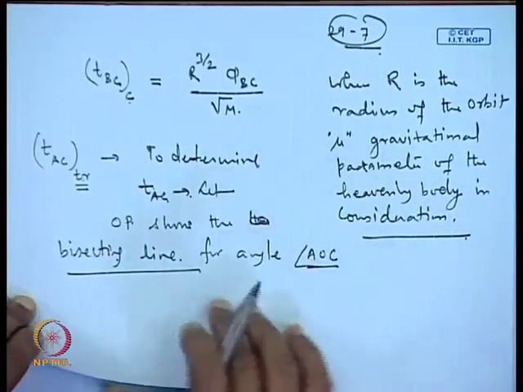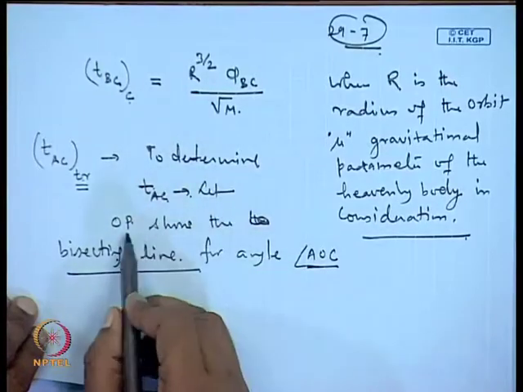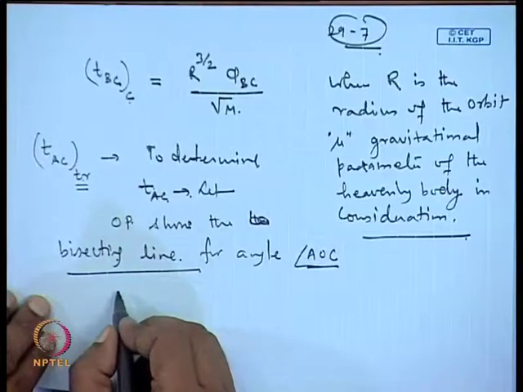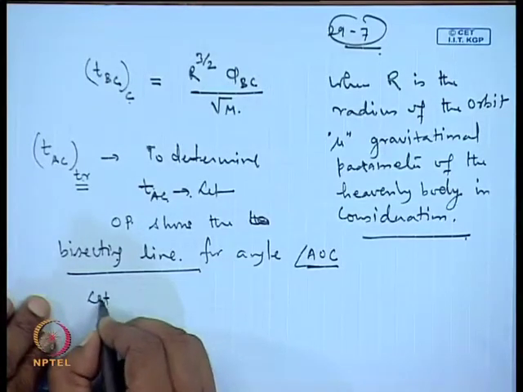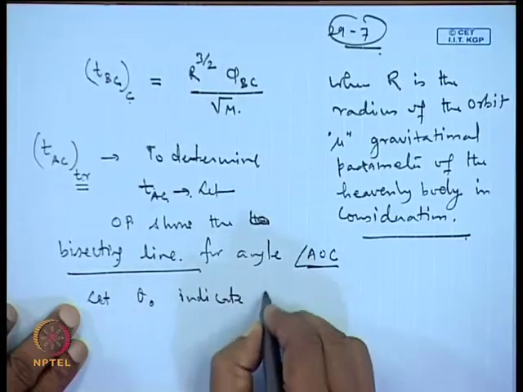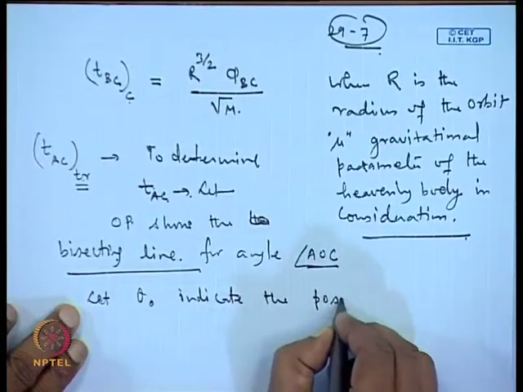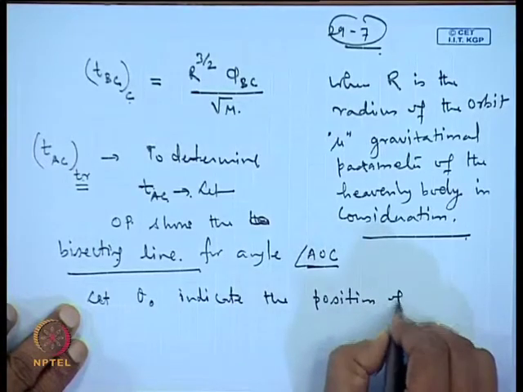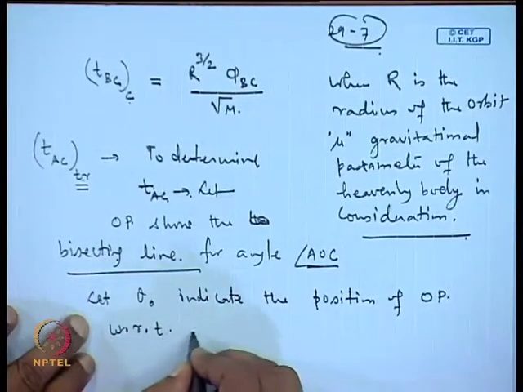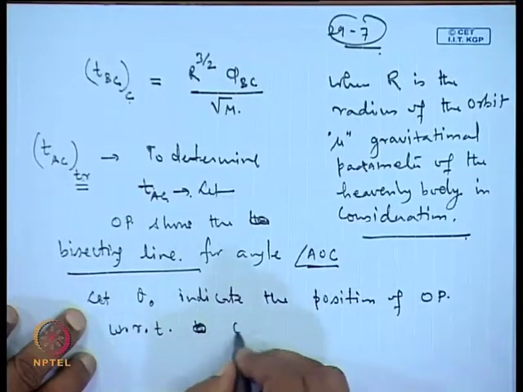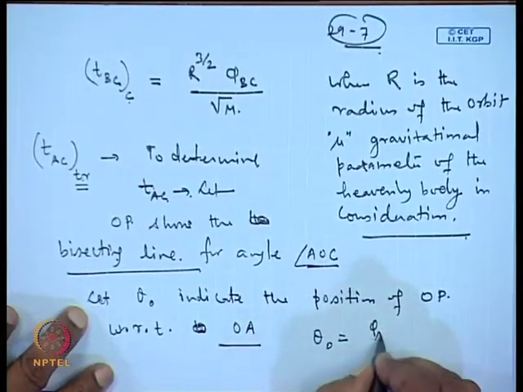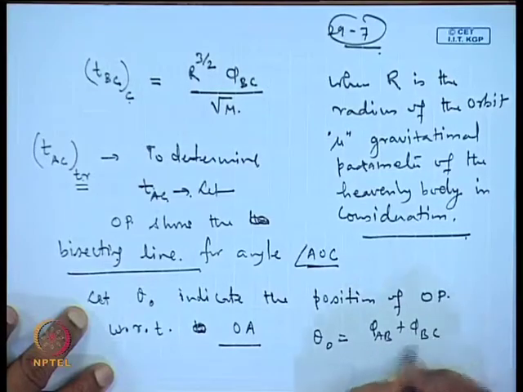So, theta 0 is known. So, to determine TAC, let OP show the bisecting line for angle AOC. Let theta 0 be the position of OP with respect to OA. So, theta 0 we have written as phi AB plus phi BC divided by 2.